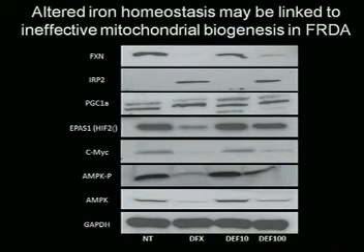This is also a very complex experiment that basically shows that if you take away iron from the cell, you tend to inhibit the formation of new mitochondria. And probably since the cell feels like it does not have enough iron, it keeps the formation of mitochondria low.